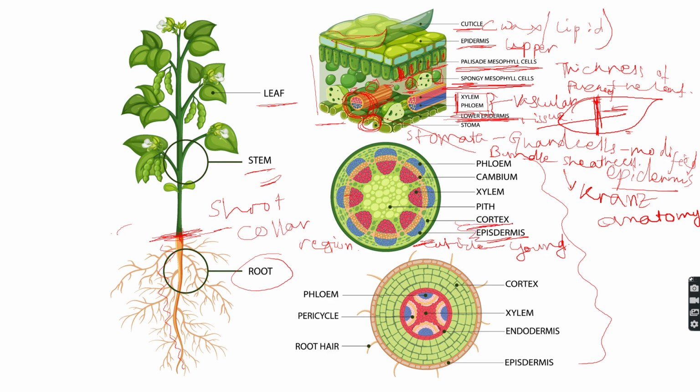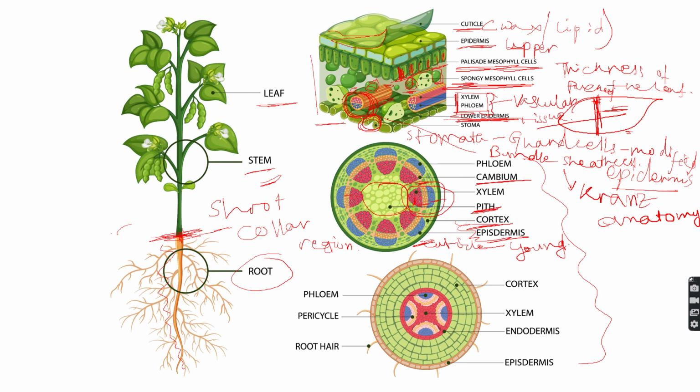Beneath epidermis there is cortex. Then under that cortex there is a structure of vascular tissue. You can see there is xylem and phloem. Blue color is basically the phloem and red color is xylem, and in between the xylem and phloem there is cambium. Okay, and in the middle of the stem there are pith cells.